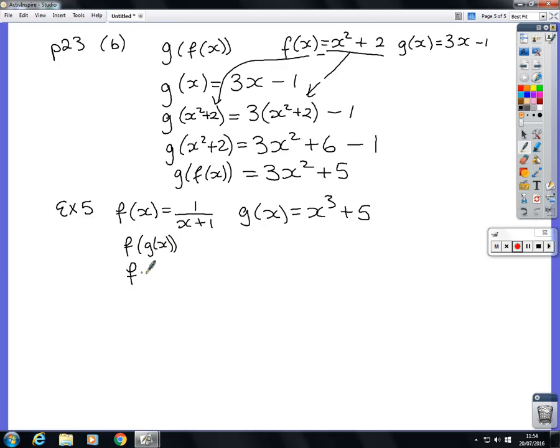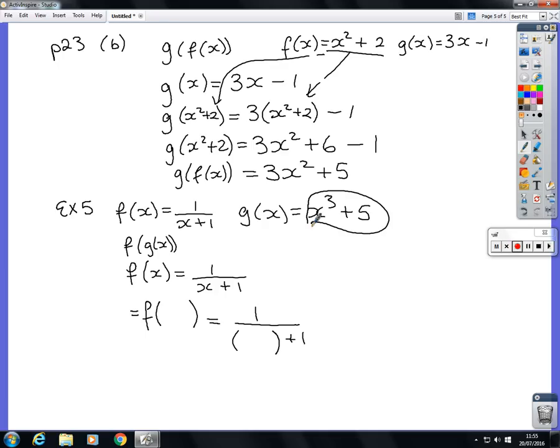So we start by copying f of x, 1 over x plus 1, then rewrite this with a space to insert g of x. 1 over bracket where the x used to be. We want to insert x cubed plus 5 in these two positions. X cubed plus 5.